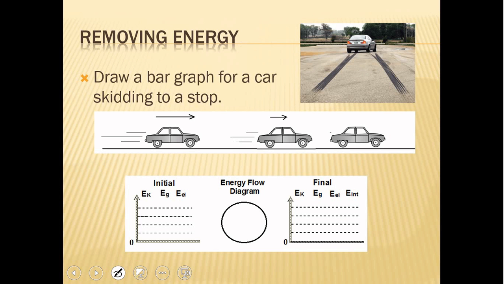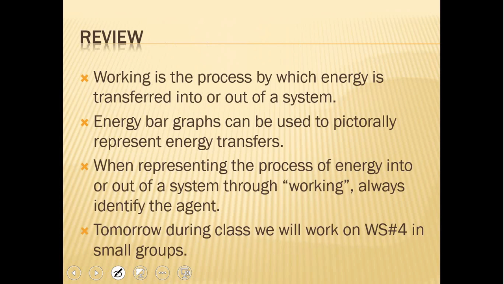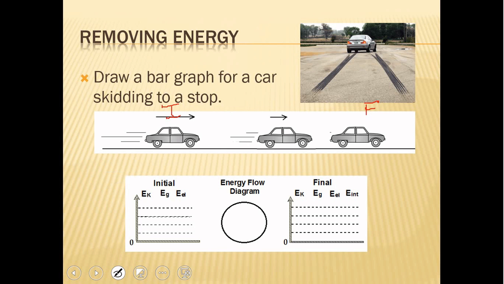In this next example problem, we're going to draw a bar graph for a car skidding to a stop. Here's our initial, here's our final. Now again, it depends on how we define our system. We can actually have two separate answers, so I'm going to do it 2 ways based on my system.